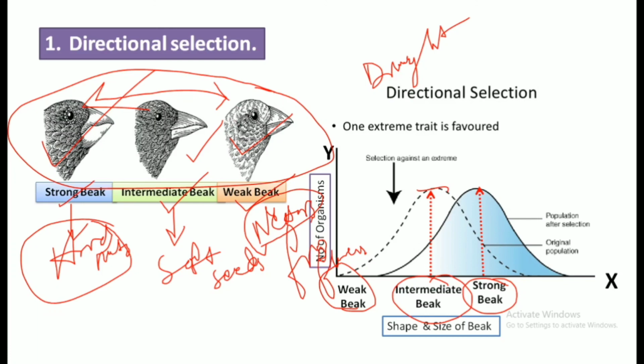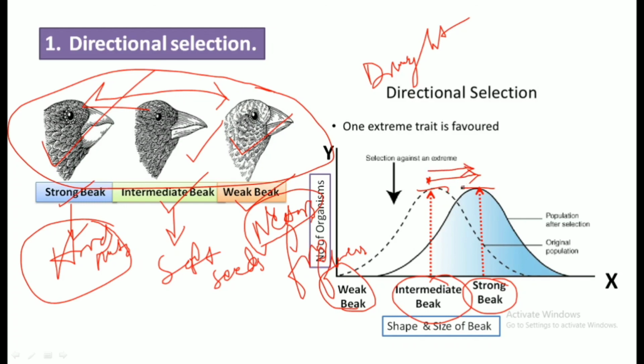Now when you see the graph, you will find that the stronger beak has the mean level at the maximum. There is a change in course from the left-hand side to the right-hand side, that is, the mean level is changing from left to right.